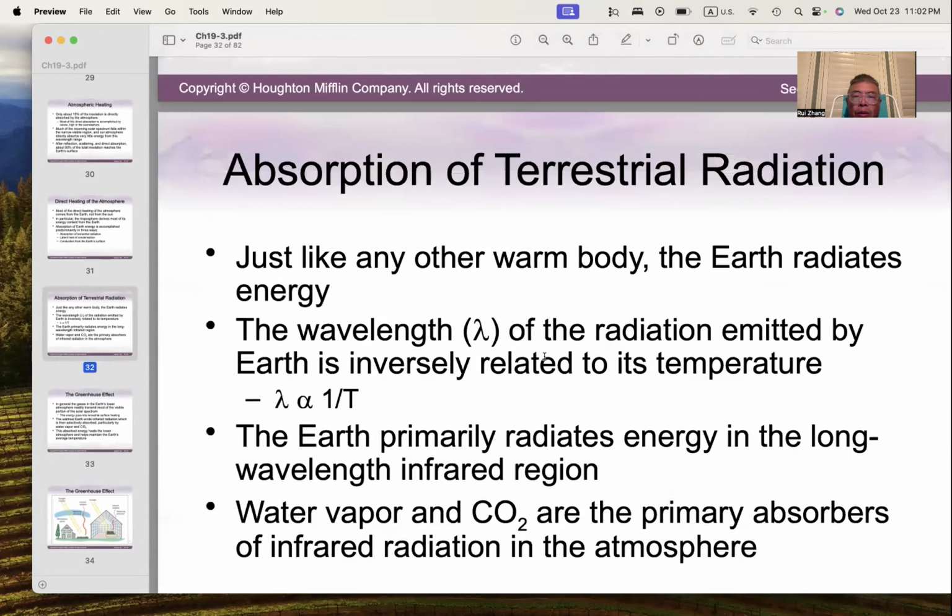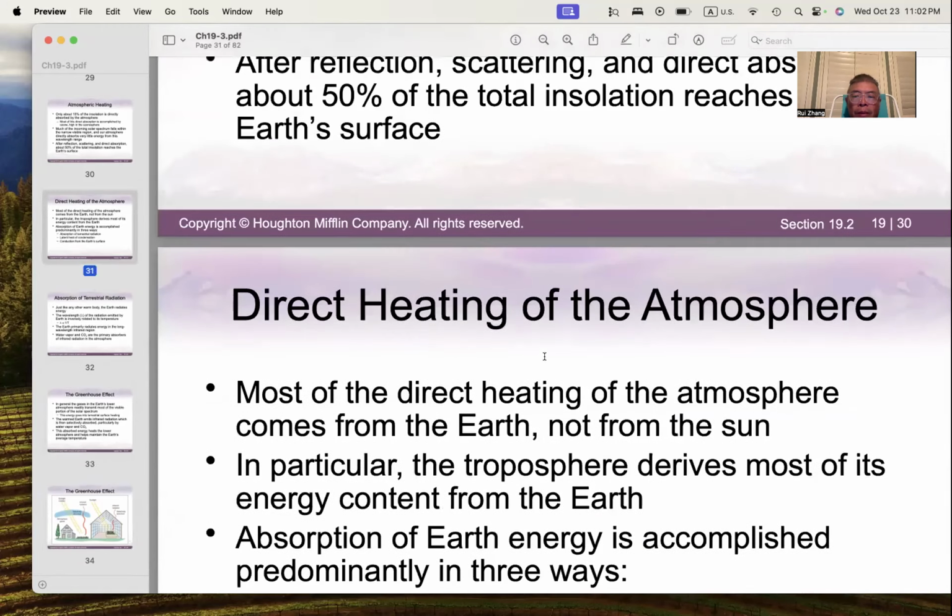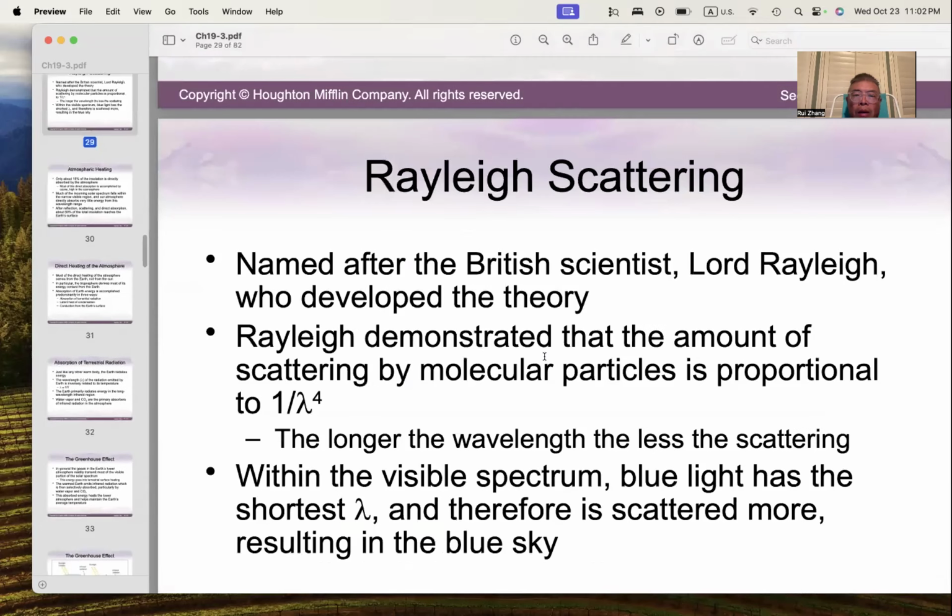Another thing I want you to understand is something called Rayleigh scattering. Basically, the atmosphere can scatter different kinds of light, and the amount scattered is proportional to 1 over lambda to the fourth, where lambda is the wavelength.